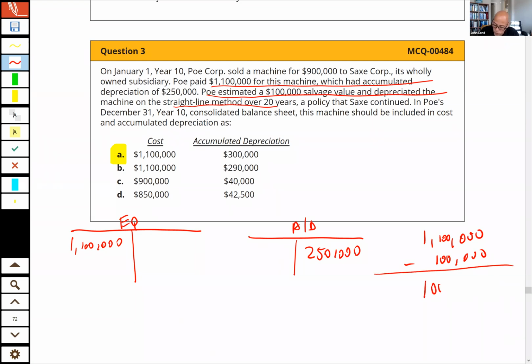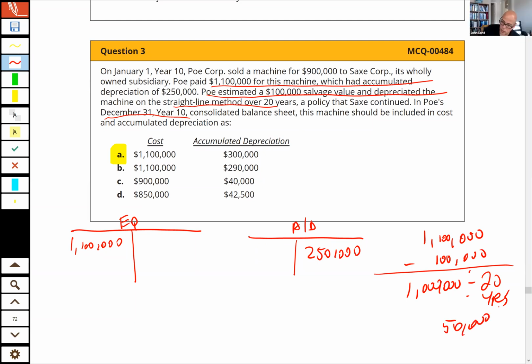So for this year, because we're looking at December 31st, for year 10, yes, there is additional depreciation of a depreciable base of 1 million. I divide that by 20 years. So yes, I do need to take an extra $50,000 of depreciation.